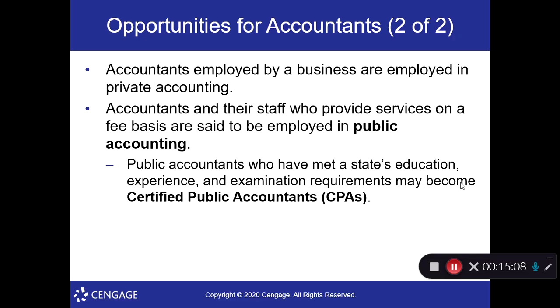And public accountants need to have a CPA licensure, a certified public accountant licensure. This is based on state-by-state guidelines, so certain education requirements, and then you have to take a 4-part examination. In Ohio, if you're thinking about pursuing your CPA, you need to have earned 150 credit hours, which is more than a typical bachelor's degree, and you have to have met certain minimums of hours in different accounting coursework.